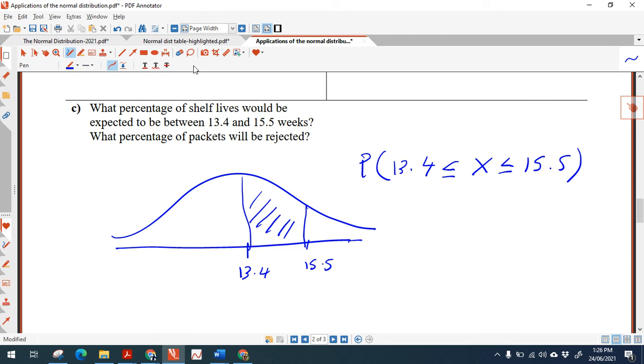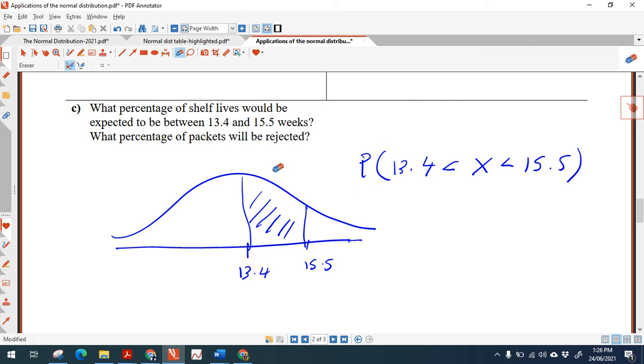Now, the less than or equal to is not necessary. It's not wrong if you put it because we'll be getting the same answer. We'll stick to the between though. Now, that's what we want to try and find, and we're going to do it using the z-score table.